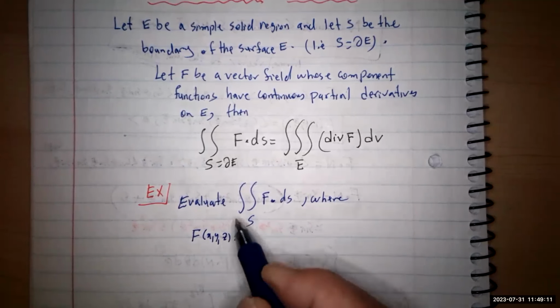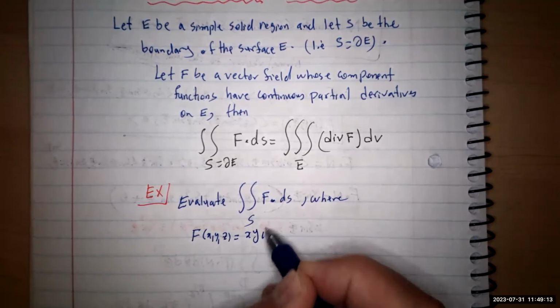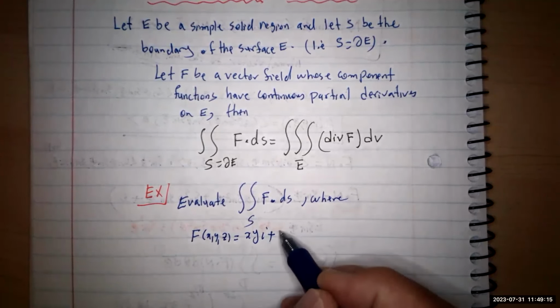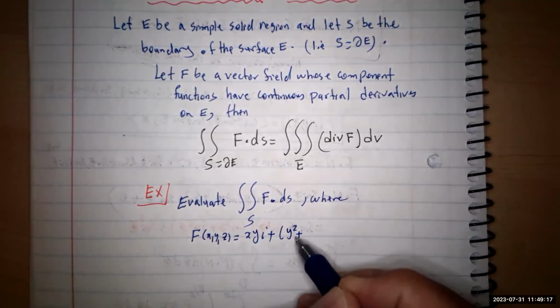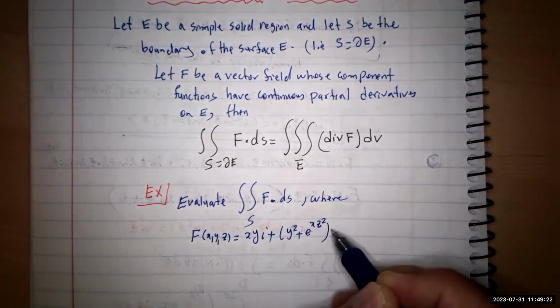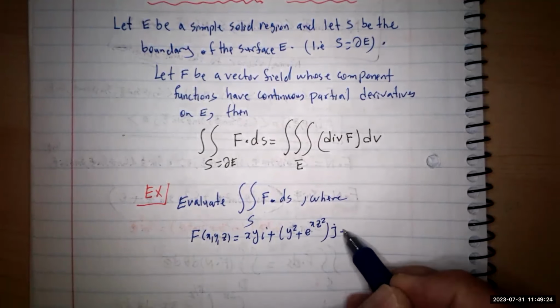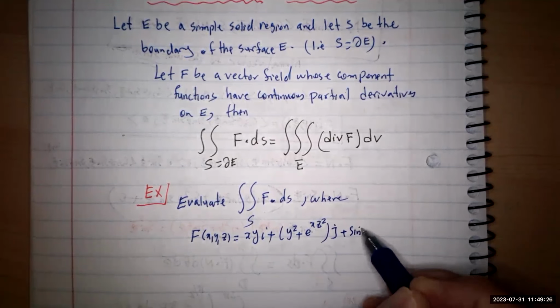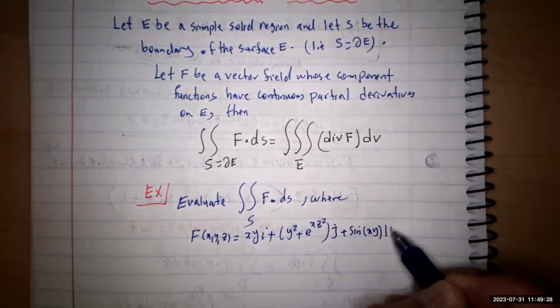So look at the vector field. The vector field is xy i plus (y squared plus e to the x z squared) j plus sine of xy k.